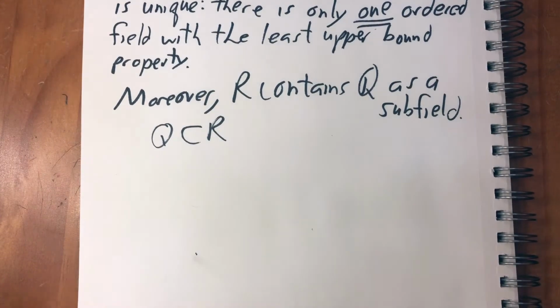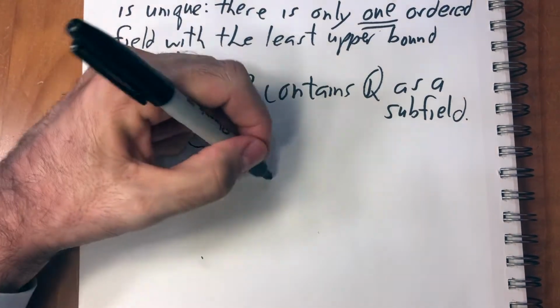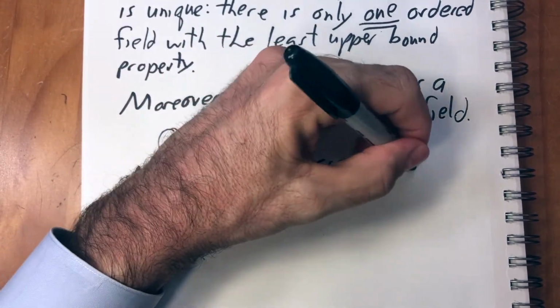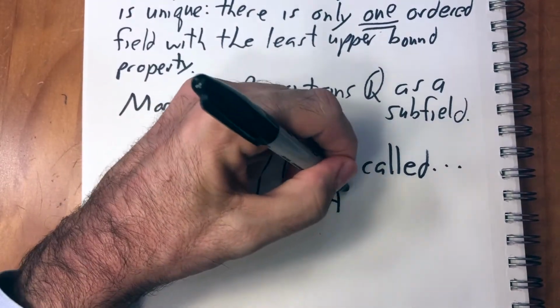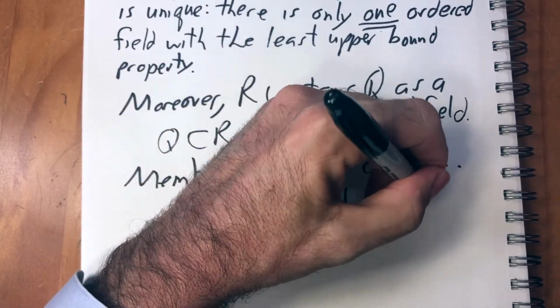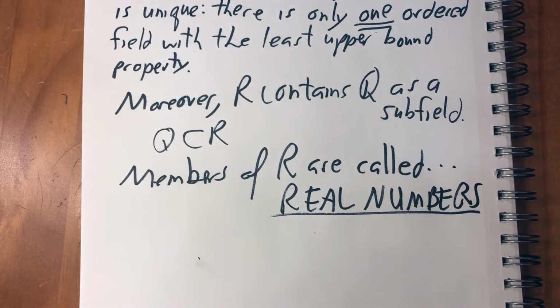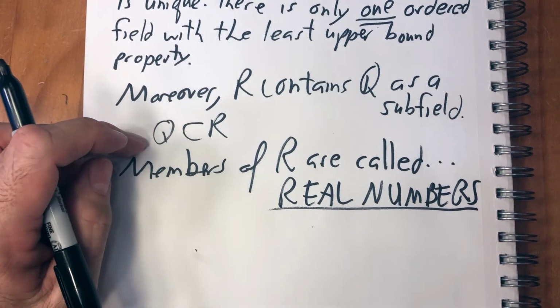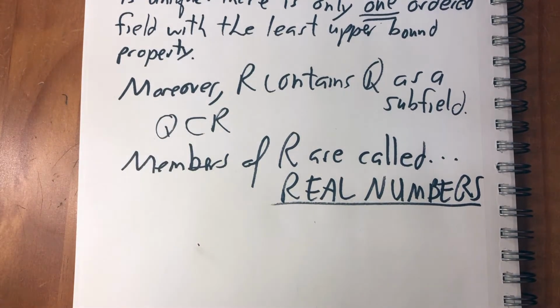Members of R are called real numbers. To prove this, we're going to start with the rational numbers and actually build the real numbers from the rationals.